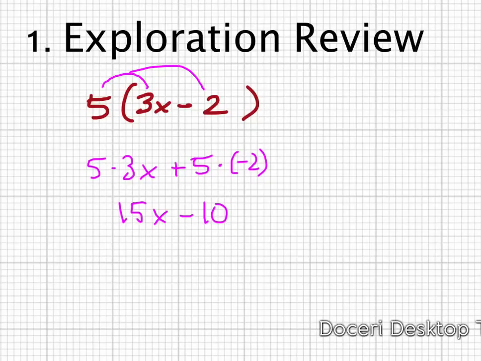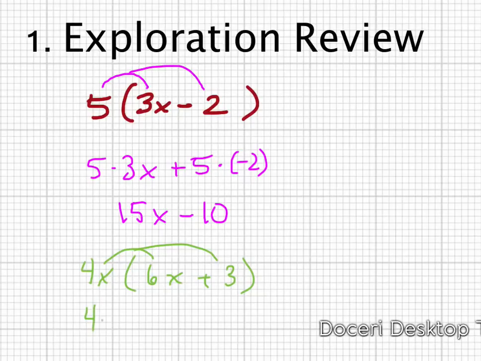This still works if I change it from just a number to a number and a letter, like 4x times 6x minus or plus 3. I'm going to distribute 4x to both 6x and 3.